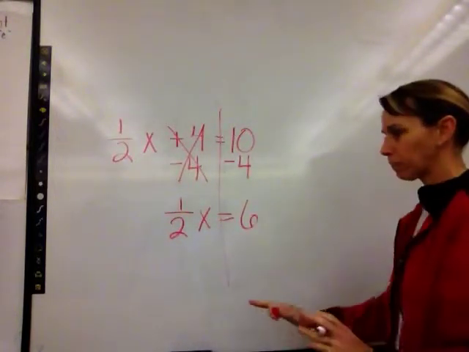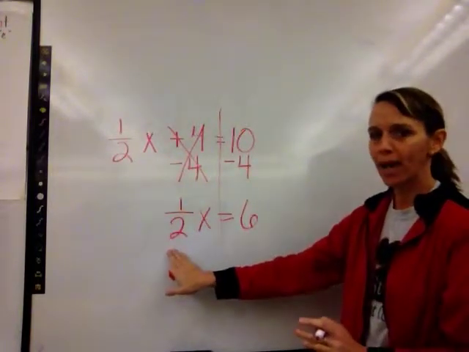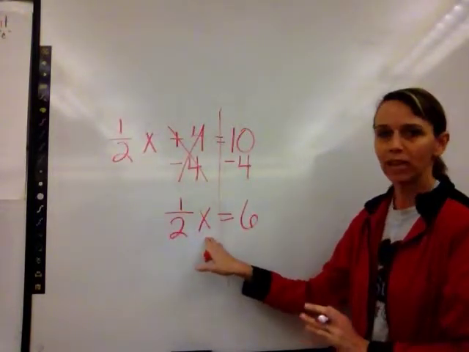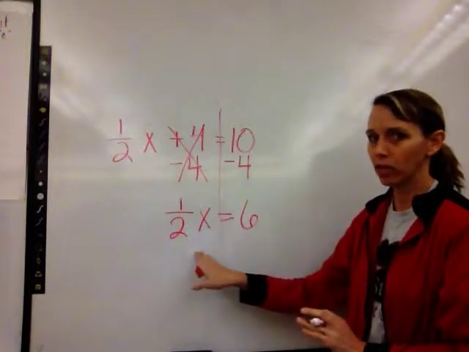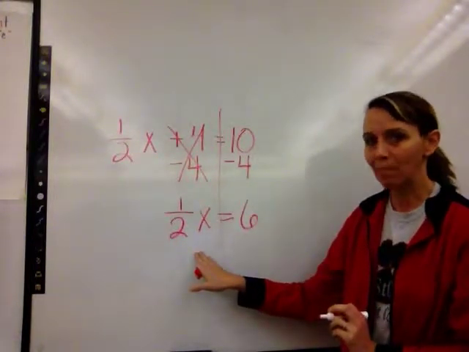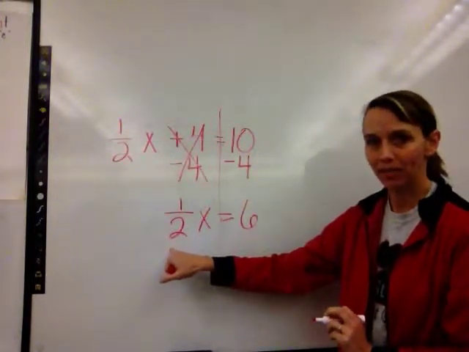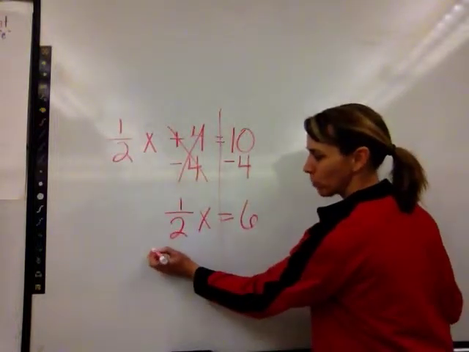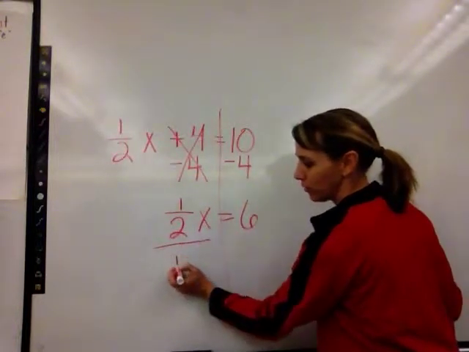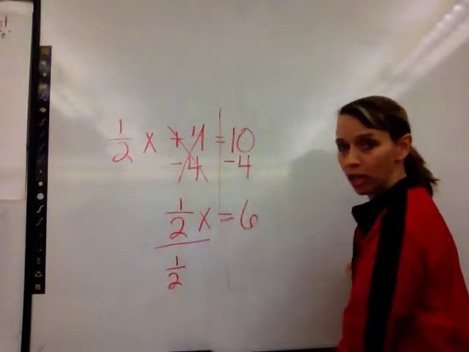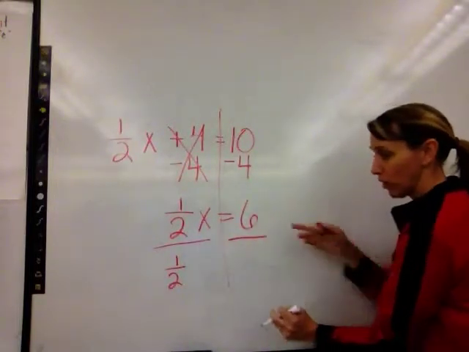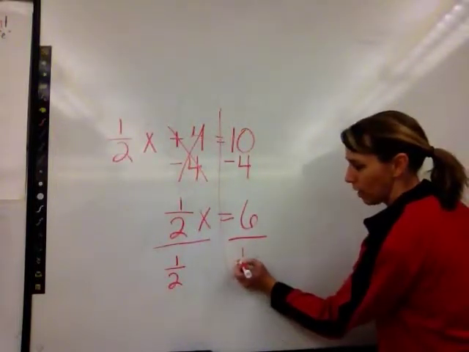Because you have the 1/2 right next to the x, this means multiplication, so you're going to be dividing by this 1/2. Really, this would look like division by 1/2 on this side, and you also have to divide 6 by 1/2.